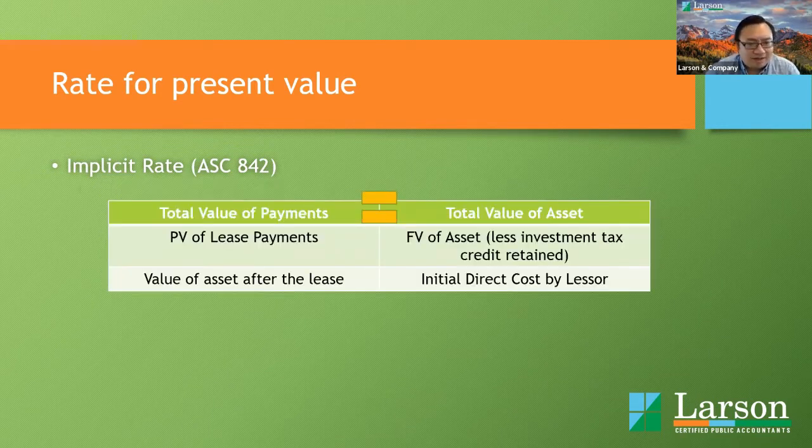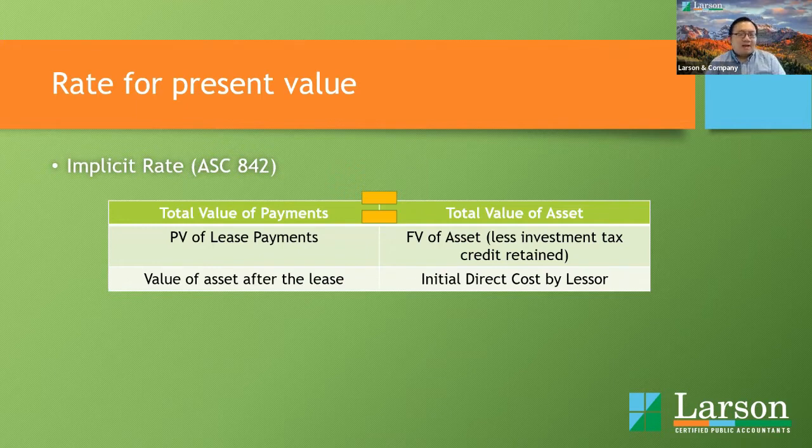Basically, what the implicit rate is, they're saying that the rate will be the one that makes the present value of your future lease payments, and also the value of the assets after the lease, equal the fair value of the assets right now, less any investment tax credit retained, and also the initial direct cost by the lessor.